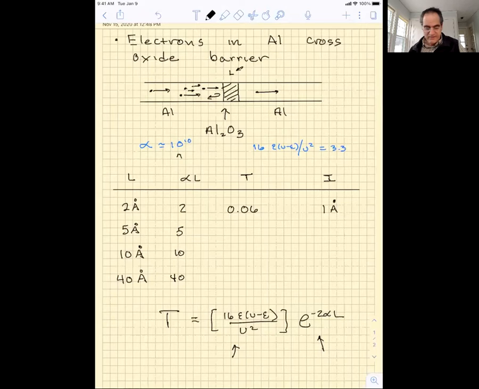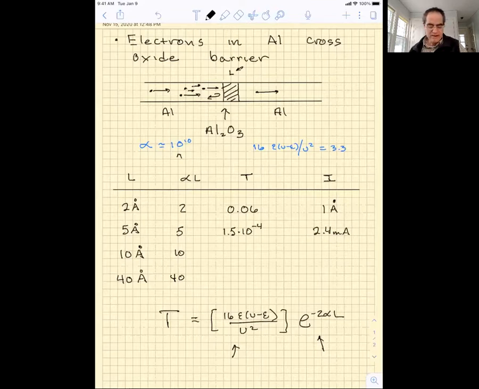So now, in the same way, we can find the transmission probability for a 5 angstrom barrier. It works out to be 1.5 times 10 to the minus 4, okay? So if we had 1 amp in the first case, we would only have 2.4 milliamps transmission for a 5 angstrom barrier.